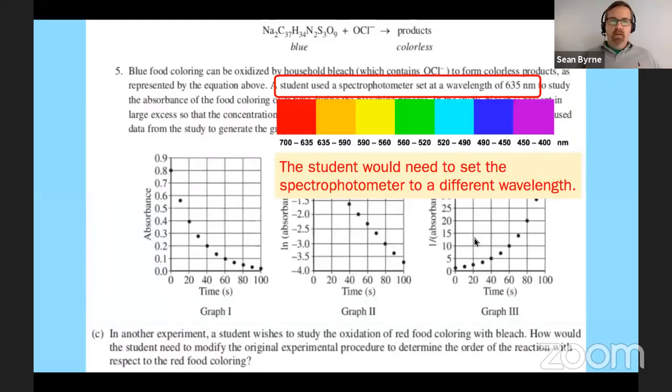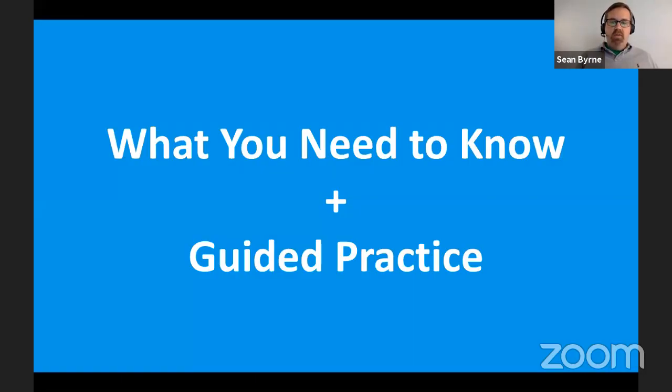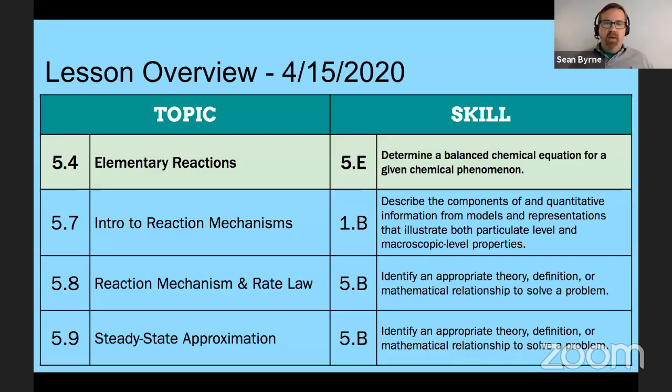All right. So that was our review of the four problems from homework last night. Here's what you need to know, and I'll give you some guided practice on our four topics here. Like I said earlier, this all has to do with reaction mechanisms.